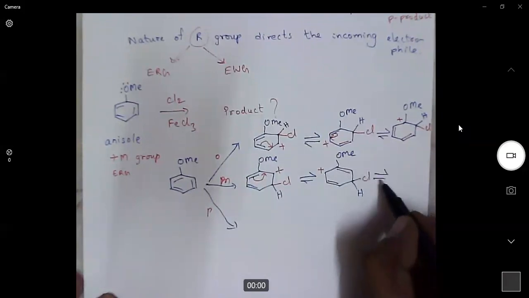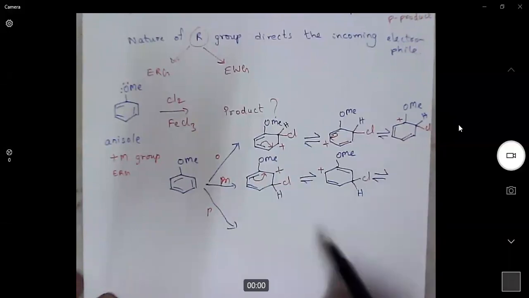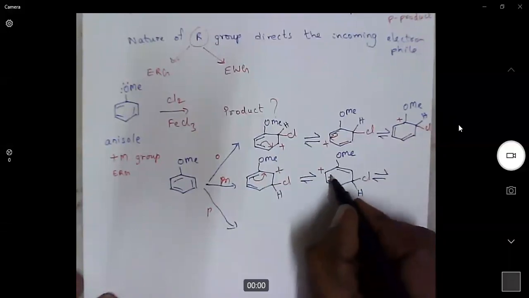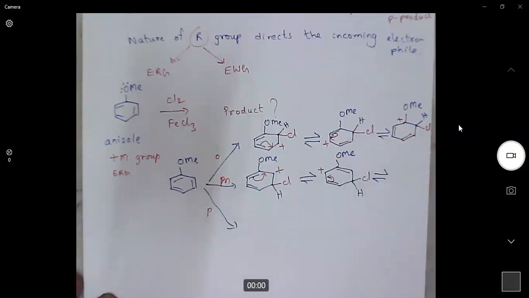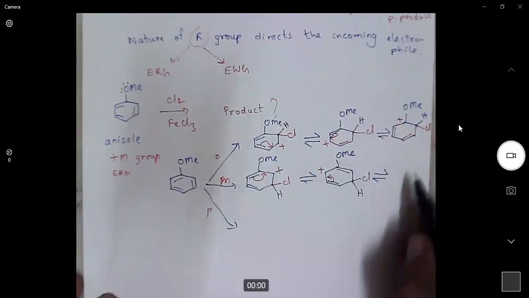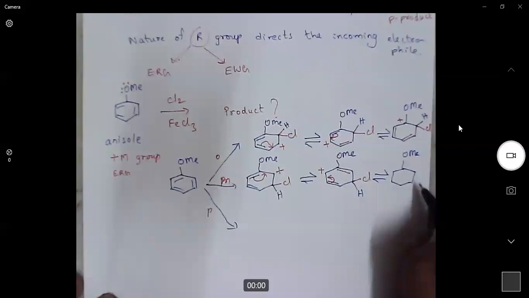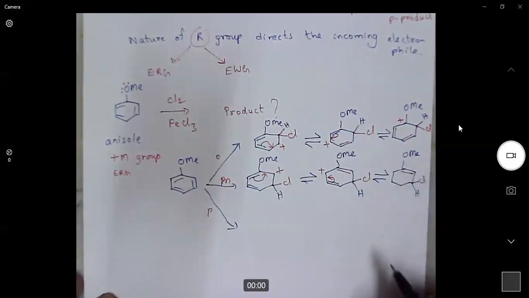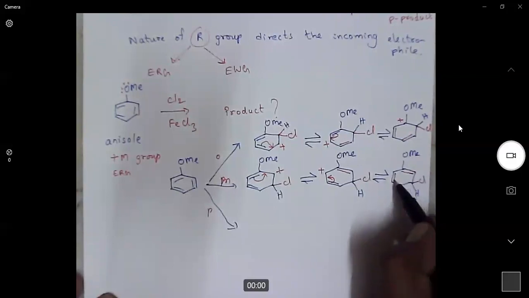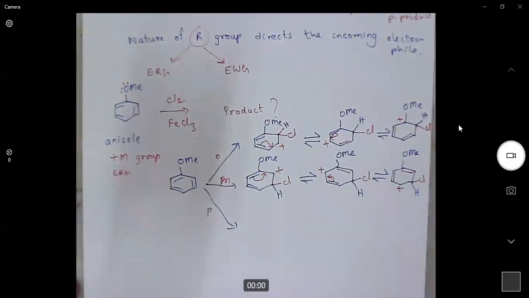Now we can draw one more resonance contributor by polarizing this double bond. OMe, this is the previously formed double bond, and this is the newly formed double bond, and the carbocation will be shifted here.